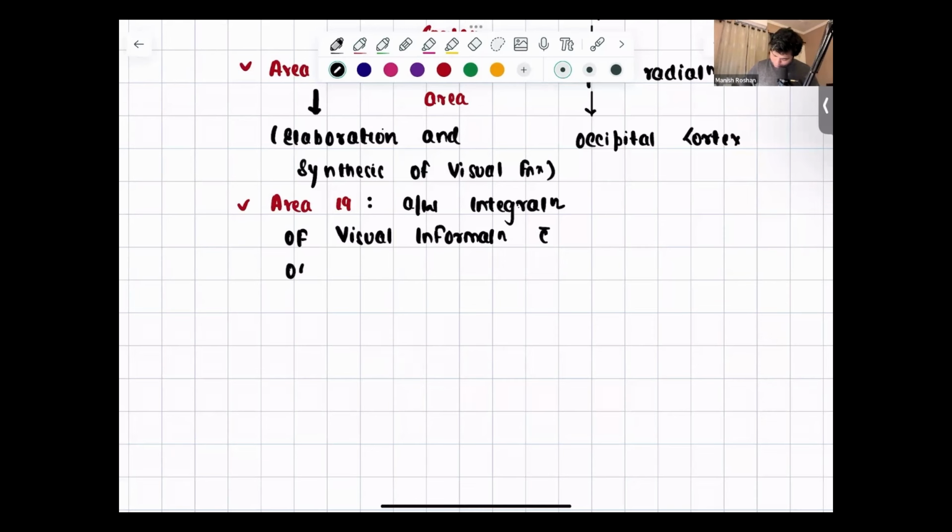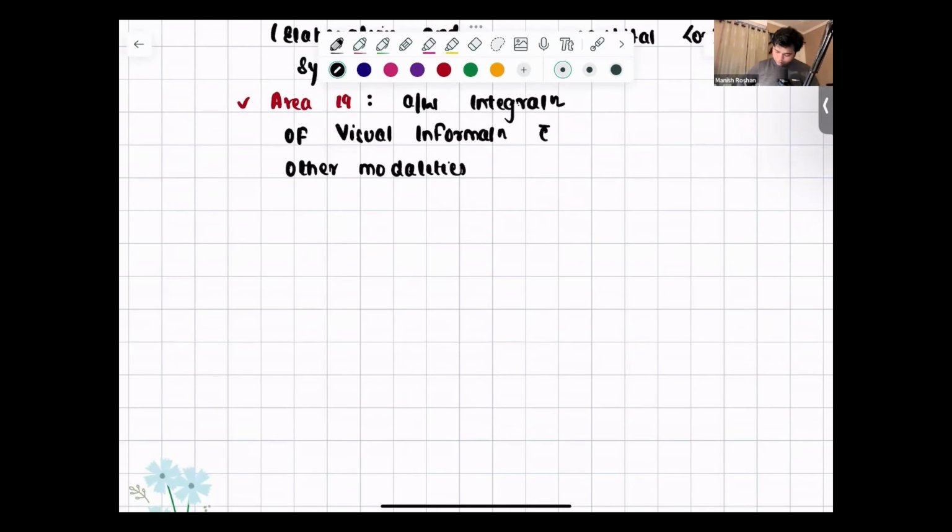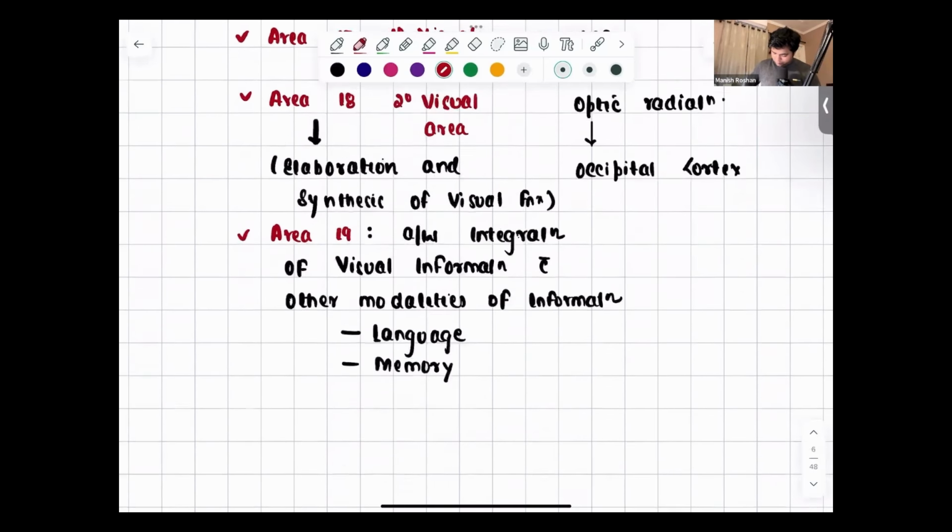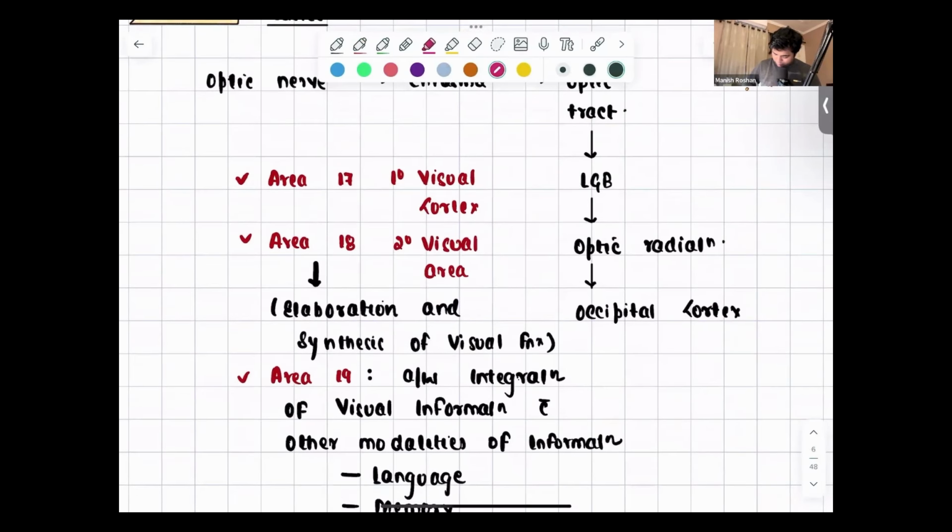These other modalities are mostly language and memory. Remember, area 17 was called the striate cortex.